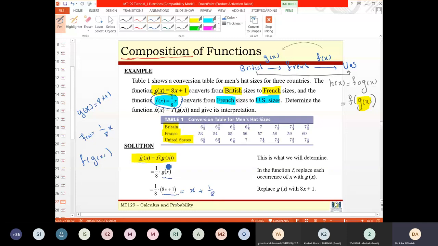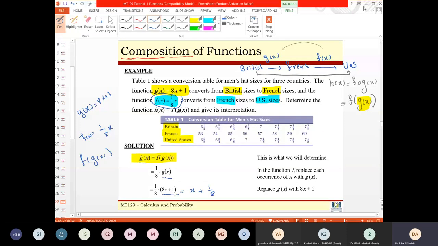So this is the idea of the composition: I put a function inside a function, I put a function inside another function. Okay.